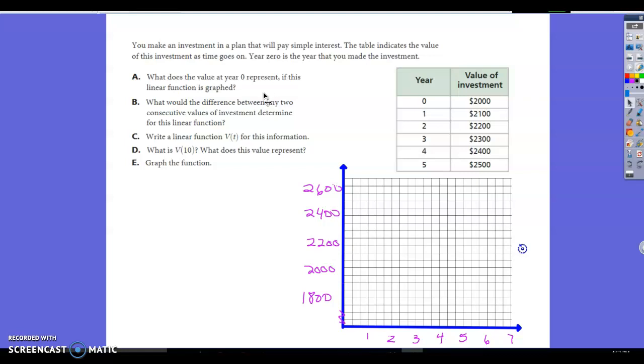So what we want to do is talk about 0 and a number, so that means that would be your y-intercept. So 0 and 2000 would be your y-intercept. So if we graph 0, 2000, it'd be right there, and this would be the y-intercept.